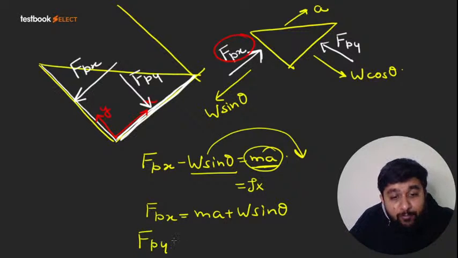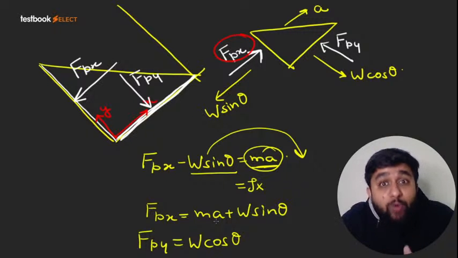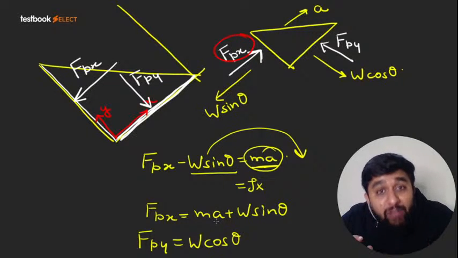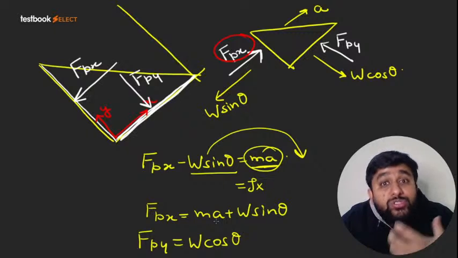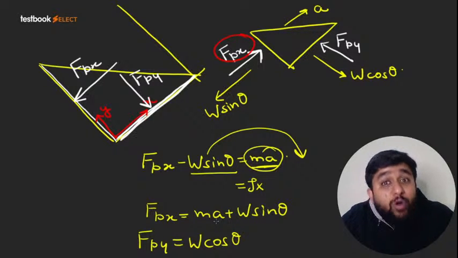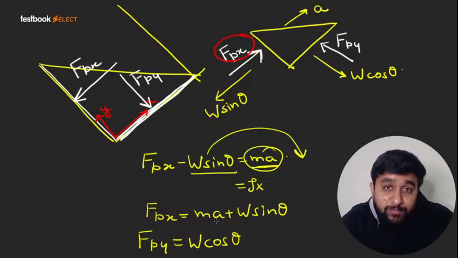You will say FPy is equal to W cos theta. So I'm not talking of a single particle, I'm talking of the entire water element. For the entire water element, you can use Newton's second law of motion and find out the pressure force between the water element and the solid surface.